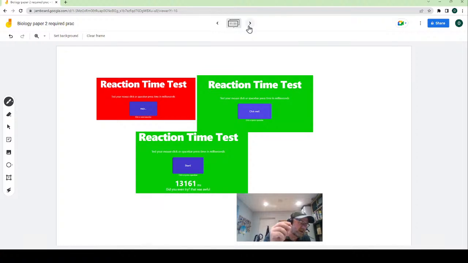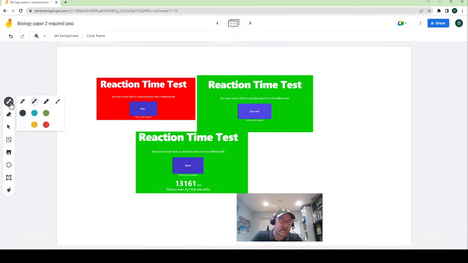This is what the computer looks like if you go on Google and you want to find out your reaction time. Be careful, some of them just put ads and pop-ups on your computer, so it's not worth it. But basically, that's what a computer reaction time test looks like. It goes red, it says wait, wait, wait, now. And you click your screen as fast as you can, or you hit any key on your keyboard as fast as you can, and it will tell you your reaction time.